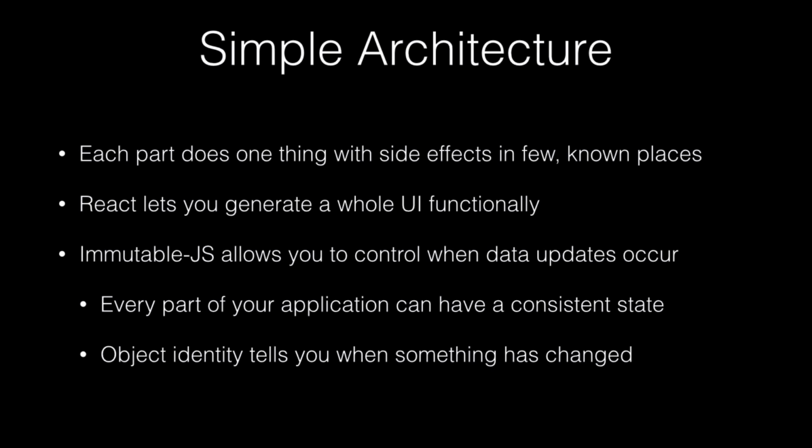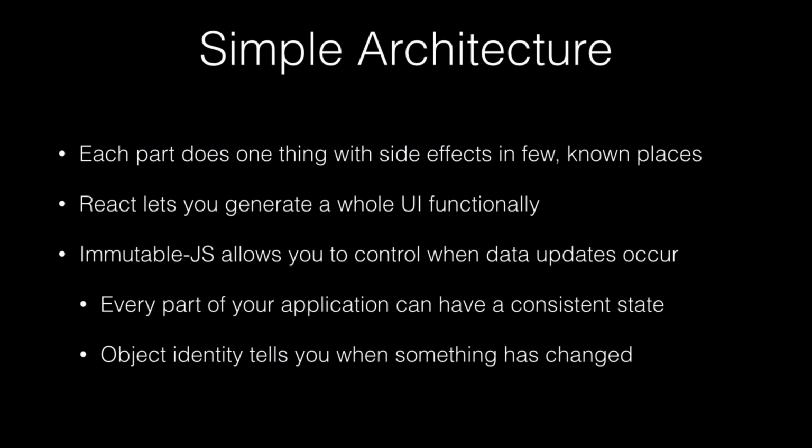So to summarize, we've got a simpler architecture now in this part of Brackets. Each part does one thing, with side effects in a few known places. React is great because it lets you generate your whole UI functionally. It really simplifies what you have to think about. Immutable-js is awesome because it allows you to control when data updates occur.